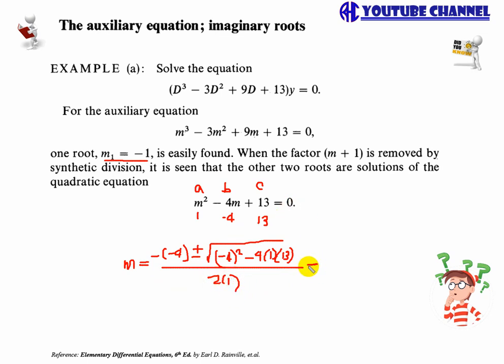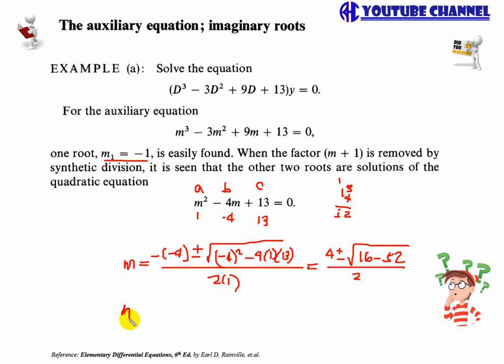So, simplify natin to, so magiging positive 4 plus and minus the square root of ito, that is 16 minus, so 4 times 13, that is 52. Tama ba? 13, 12, carry 1, 4, that is 52. Okay, minus 52 all over 2.